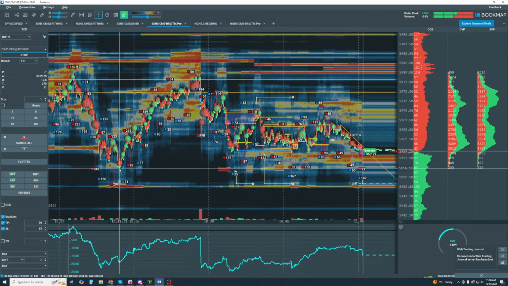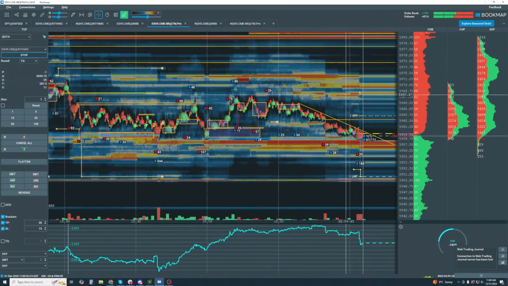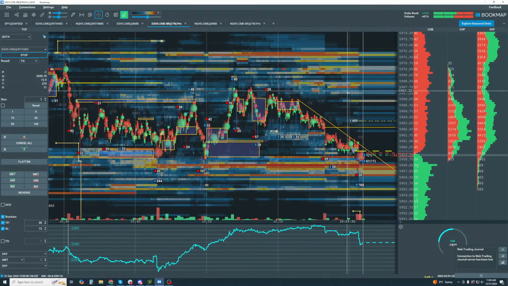This is the swing low down here at 55. That'll probably be the first stop if sellers.